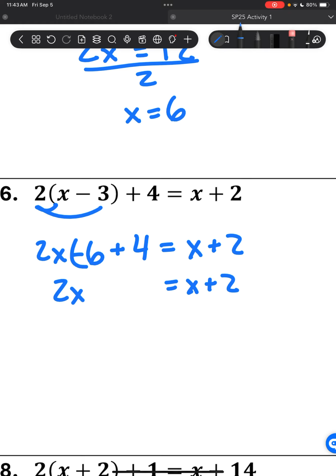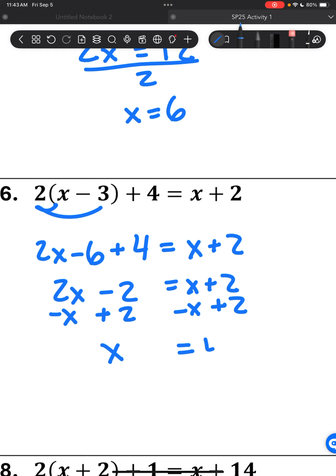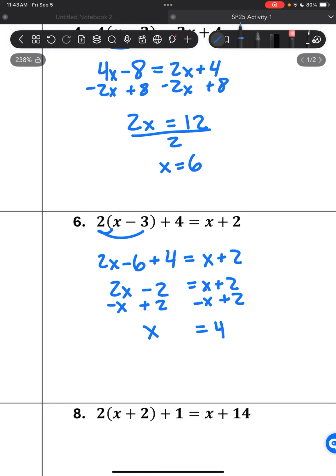However, now we have a negative 6 plus 4. So now we're going to have a subtracting 2. Alright, so let's get rid of this x here. By doing that, we leave an x. Okay, we have an x isolated on our left, so let's add 2 to get rid of this negative 2, and that gets us a 4. So that gets us our x equals 4.